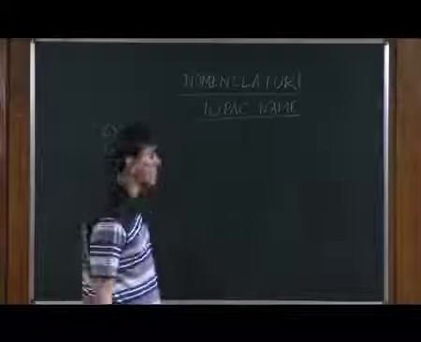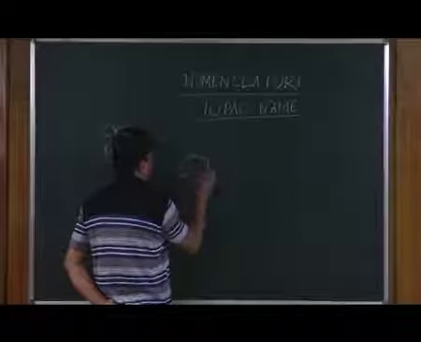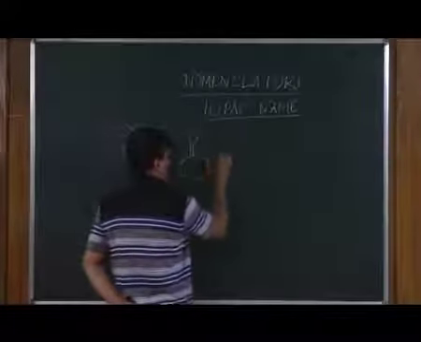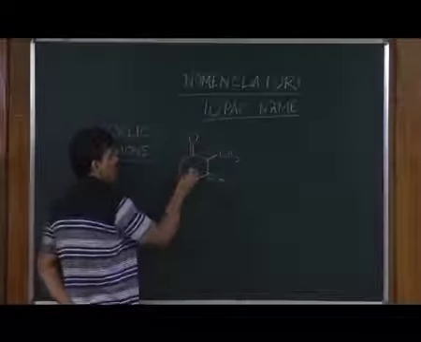When two carbonyl groups are present like this, they are called dione. And numbering will start from one of the carbonyl groups.